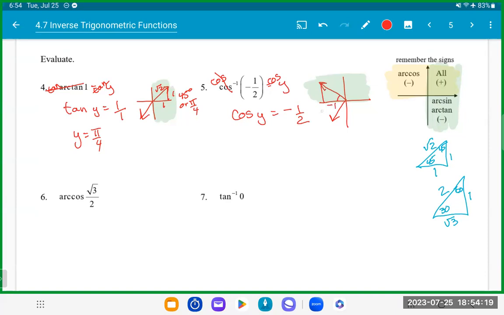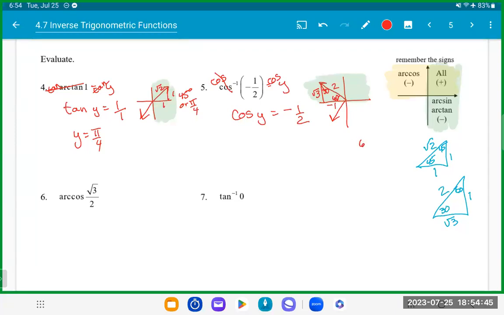So my adjacent side is -1 and my hypotenuse is 2. So when I look over here and I see a hypotenuse of 2 and I have one of my sides as a 1, then I know that this side must be a square root of 3. And therefore, this is my 30 degrees. So this here is 60 degrees.